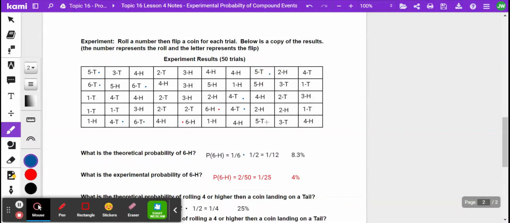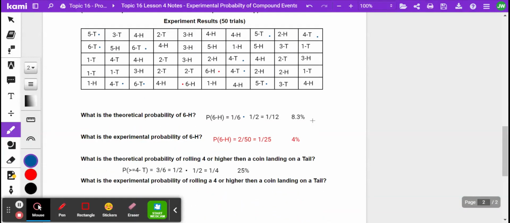Almost done. Let me double check, make sure I got them all marked. That's why it's good to have an organized chart here. So I'm going to count my blue marks. I got 1, 2, 3, 4, 5, 6, 7, 8, 9, 10.